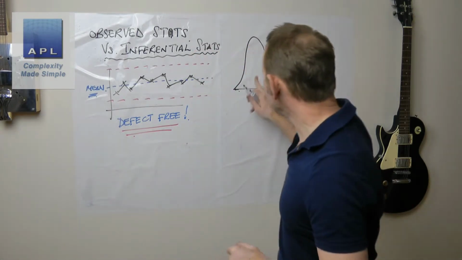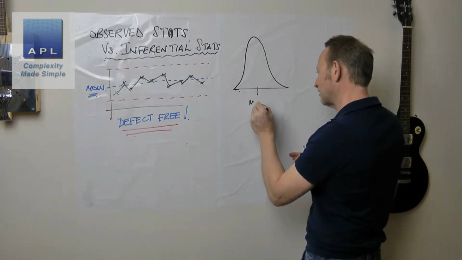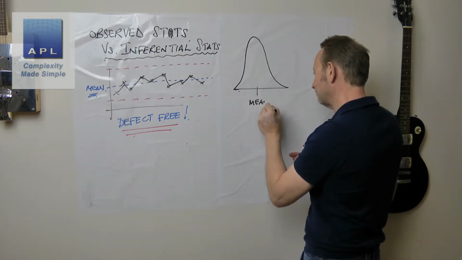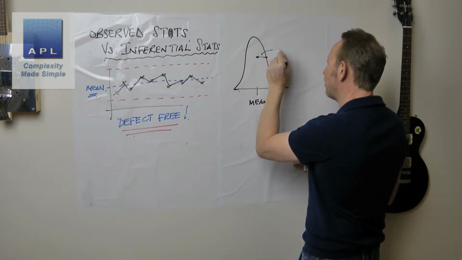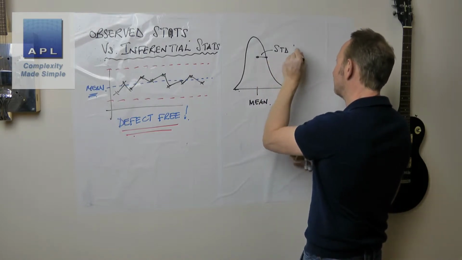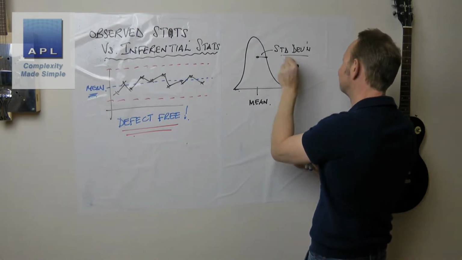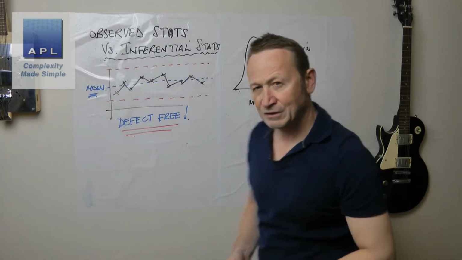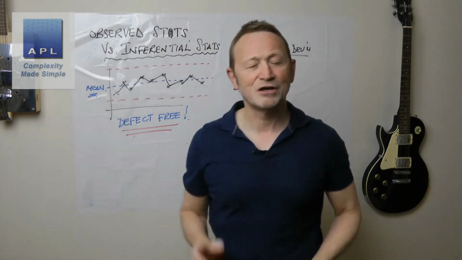Now, of course, in order to get this distribution, we need some summary stats. We're going to need the mean, and we're going to need the spread, the standard deviation.